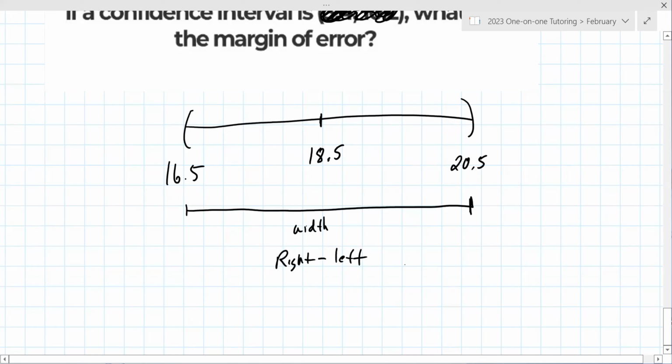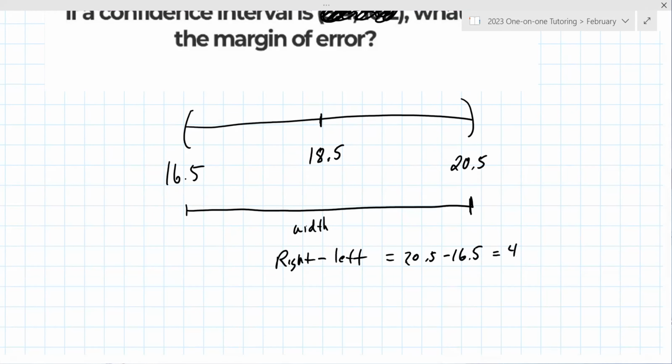Oh, okay. So that's the 20.5 minus the 16.5. And then half of that is the margin of error.